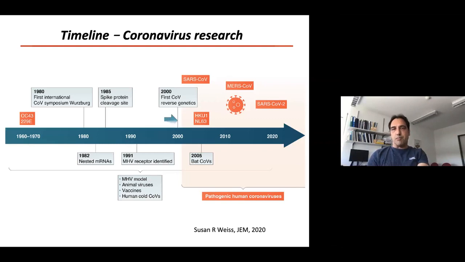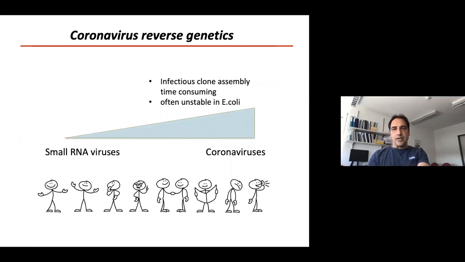And of course, before that, you have to imagine there were years of really trying to clone this huge RNA genome. I think at least 5 to 10 years before, people started to work on assembling coronavirus genomes. So essentially, the main hurdles were that an infectious clone of 30 kilobases was time-consuming and difficult to assemble.